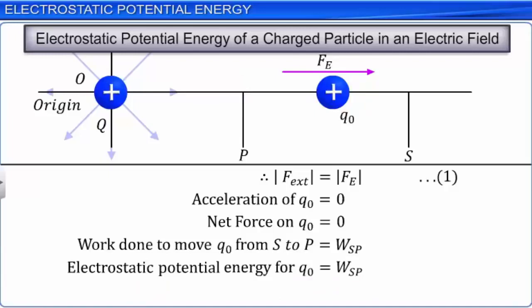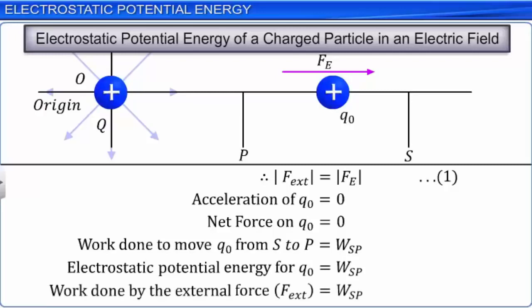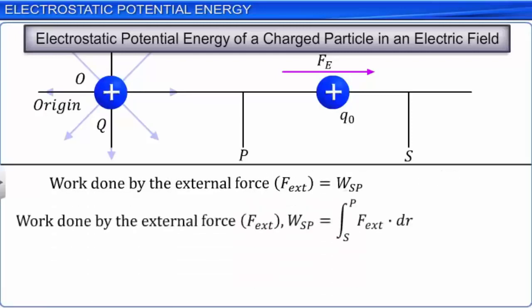We know that the work done by the external force F to move charge Q0 from point S to P is denoted by WSP. This is equal to the integral of external force F dot dr in the limits S to P, where dr is the distance between the 2 points. Let this be equation 2.